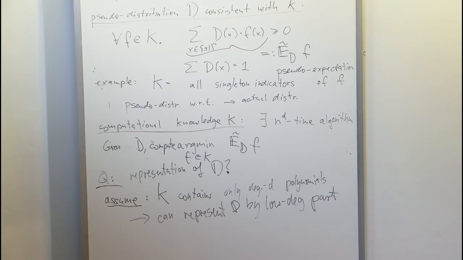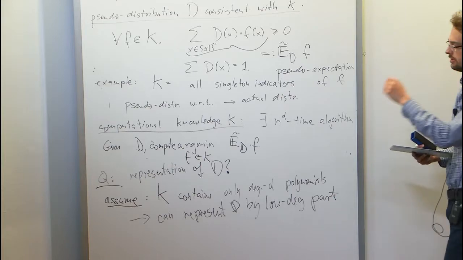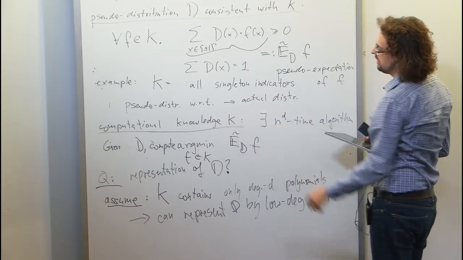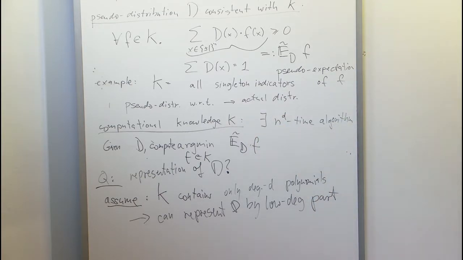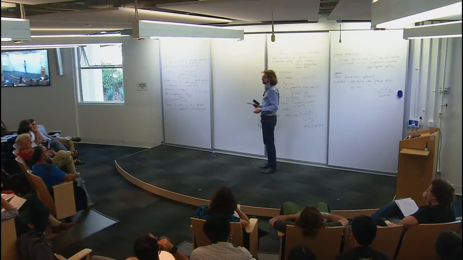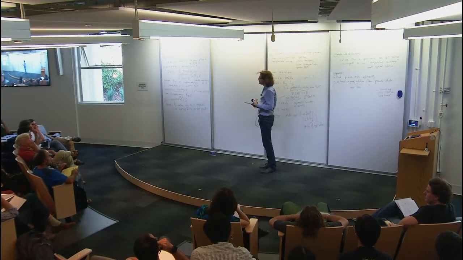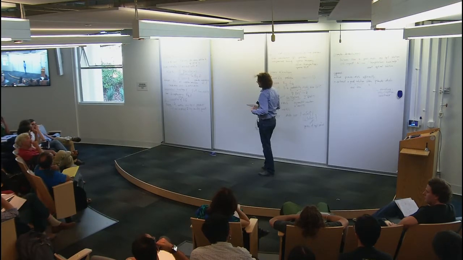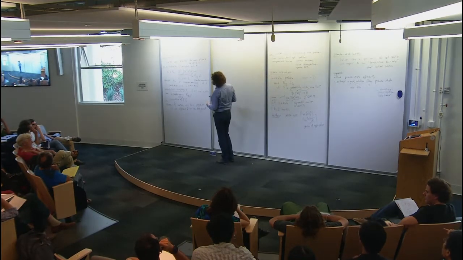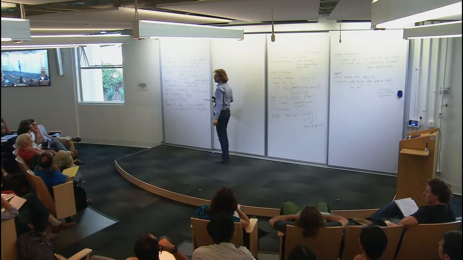So one case is that you just let K be some kind of cone generated by a polynomial number of rays, and then it's always possible to solve this problem efficiently.